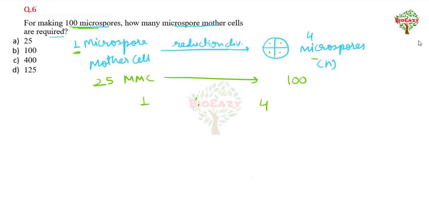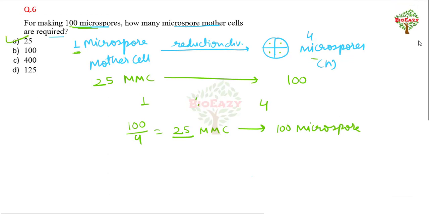So a short trick is that you have to divide the 100 by 4. So there are 25 microspore mother cells required to produce 100 microspores. So the answer is 25.